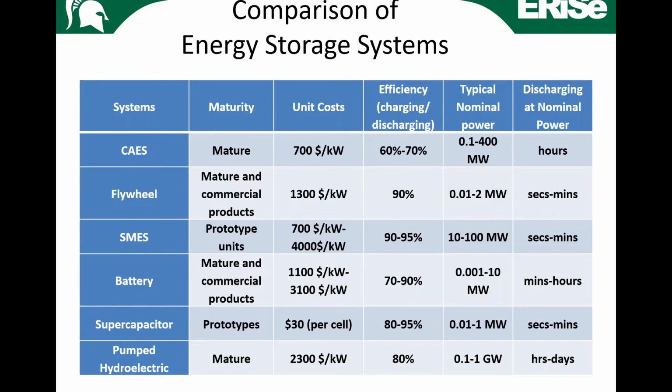Okay, and what you'll note is that the most viable form of grid scale, that is several hundred megawatts available for several hours at a time, comes from pumped hydro. This is the only mature, economically viable storage technology that we have that allows us that. Okay, the others are all much shorter term and much shorter in capacity as well.